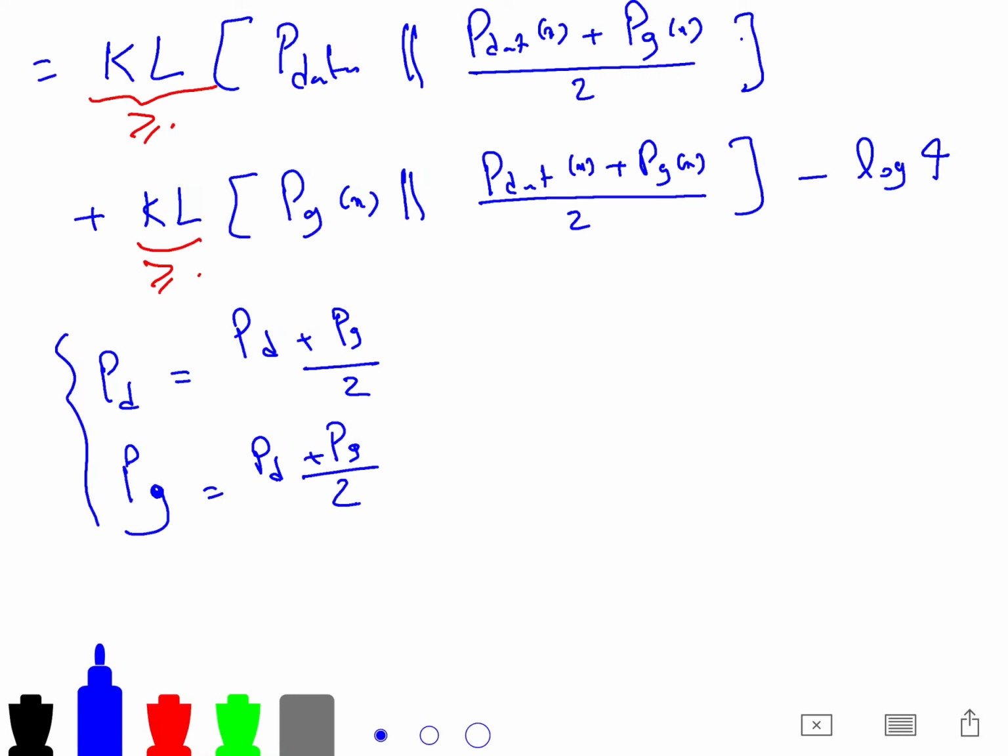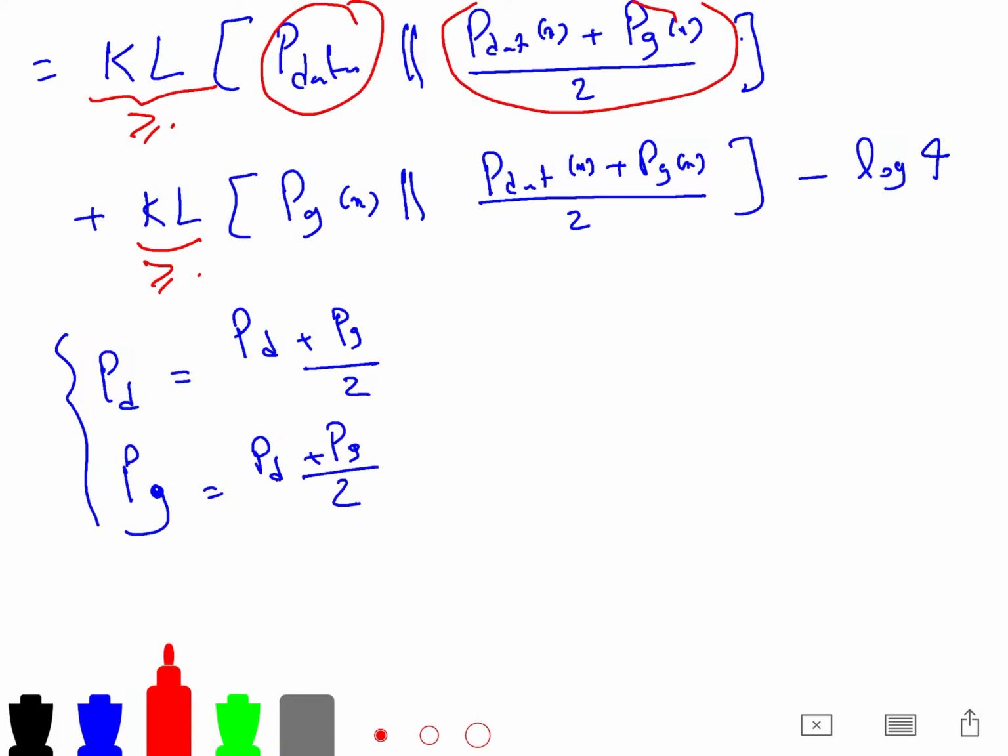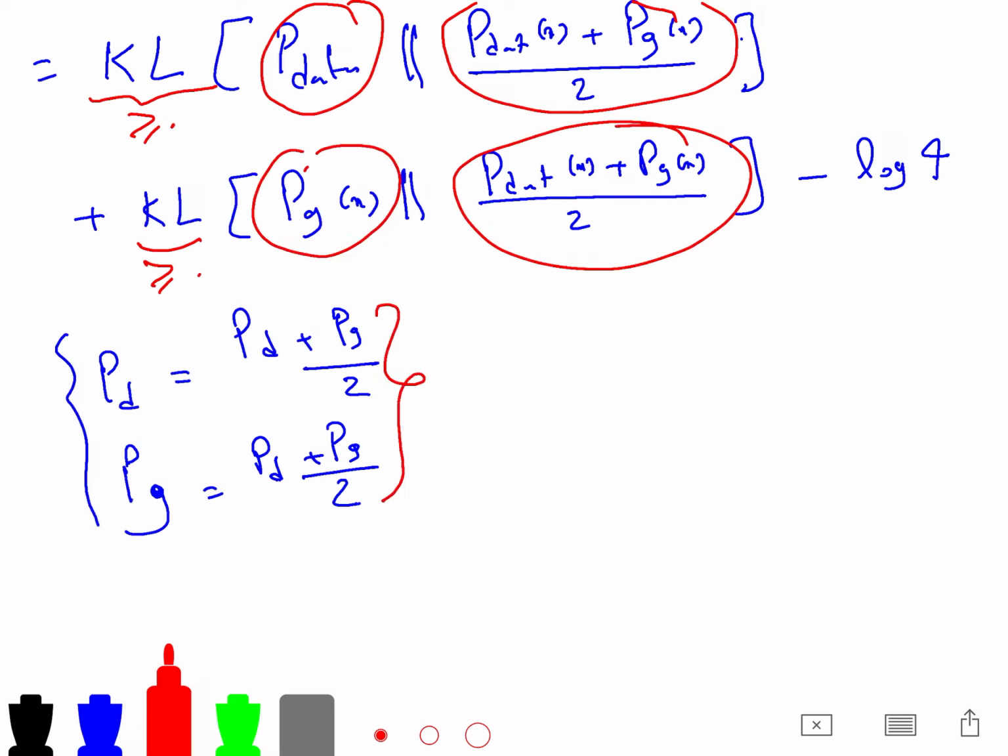If you want to maximize this, this should happen, because this term and this term should be equal to get minimized. Same for this. That's why we have two conditions. And if you simplify this, it means that p of data is equal to p of generator.